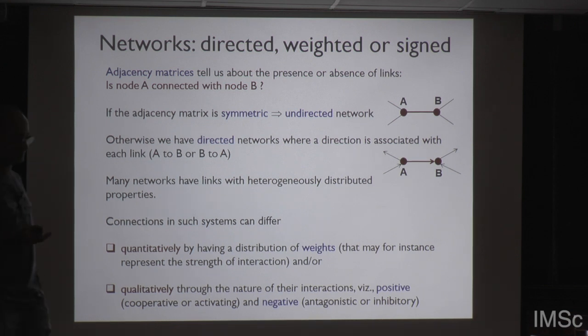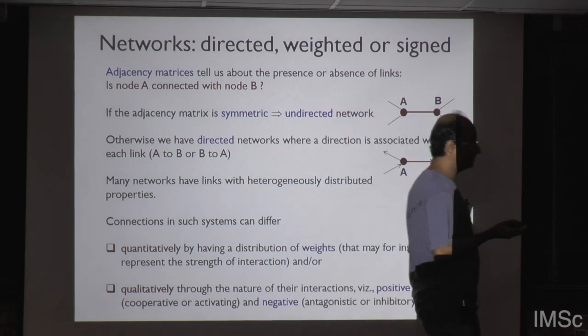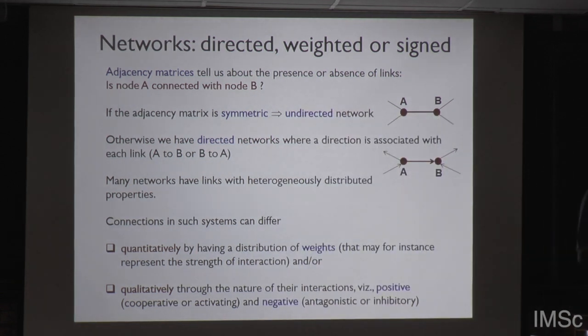Now in biology, this is often very important, because you could, for example, have a neural network where a neuron could either have an excitatory interaction or an inhibitory interaction with another neuron. It's excitatory when a neuron fires, it makes it more likely that the neurons that it connects to will also fire, whereas it's inhibitory when it fires, it makes it less likely that the neurons with which it is connected will fire.